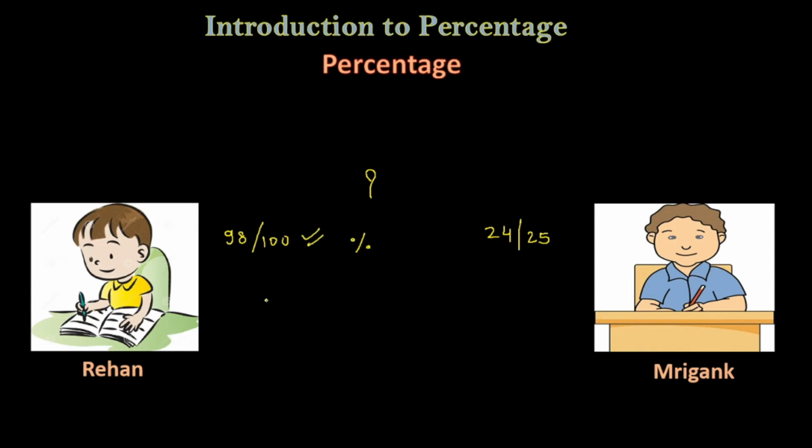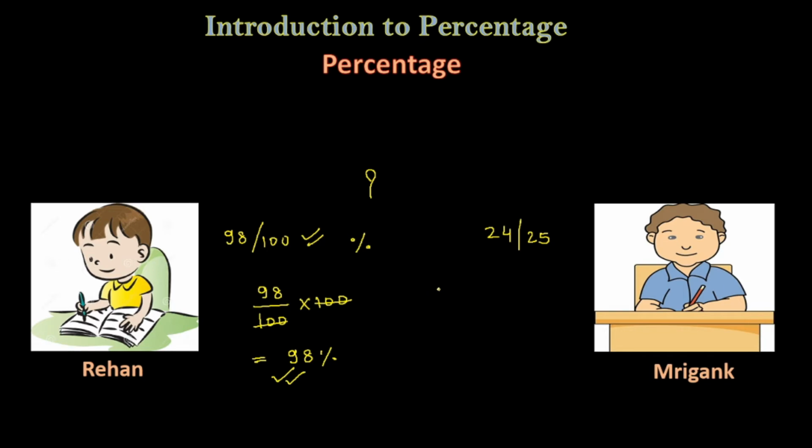To find percentage, we'll divide marks obtained by the total marks and then multiply the result by 100. So the marks obtained by Rehan is 98 out of 100, and now simply multiply this number by 100. We'll cut 100 and 100 and we'll get 98%. So Rehan scored 98%.